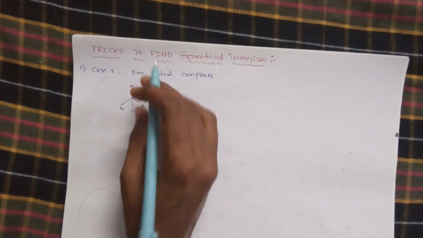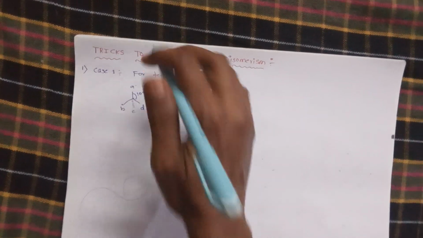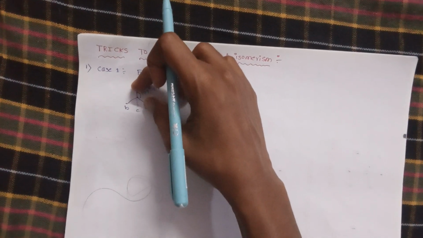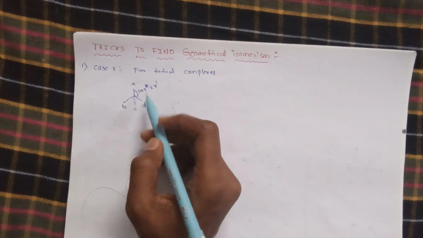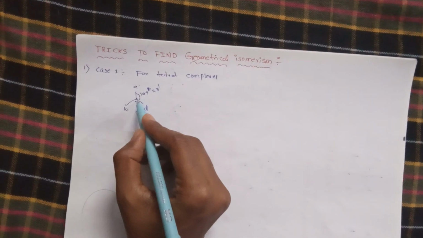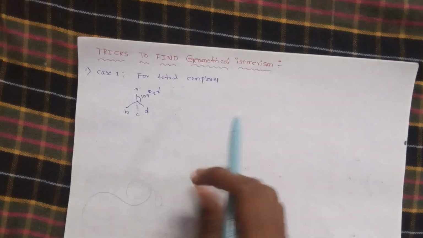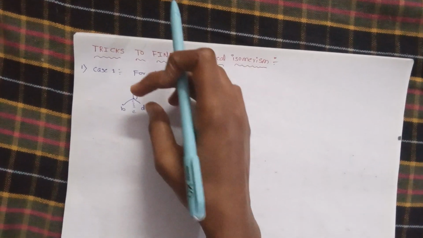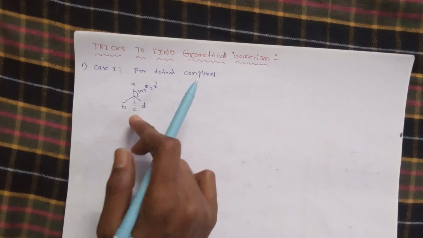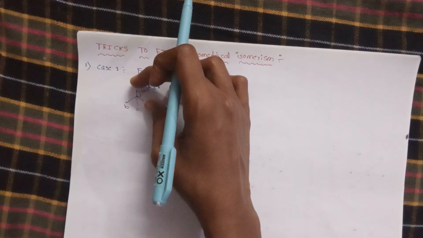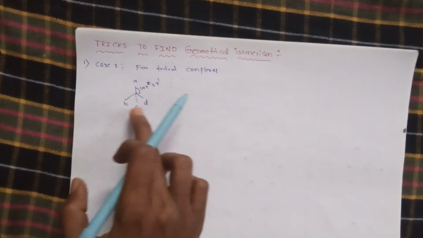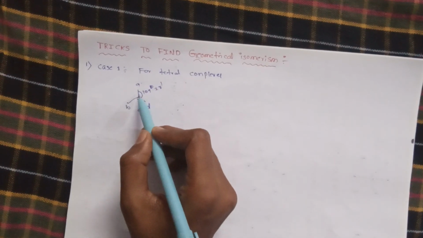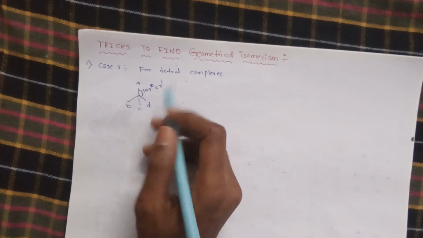Now we have to flip these two, that means A and B. What is the change? The same angle between these two and these two. Listen carefully. This is the tetrahedral complex. When you flip like this, there is no change in the angle, right? It stays 109 degrees 28 minutes.